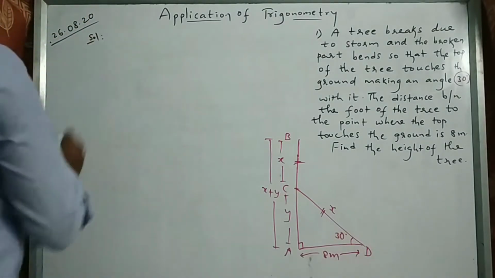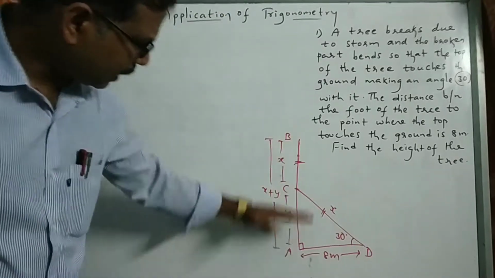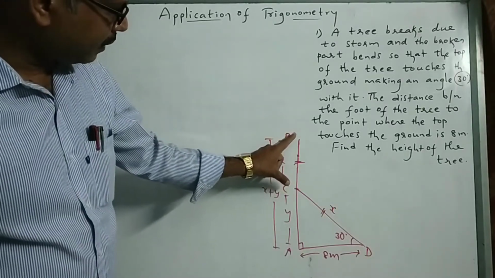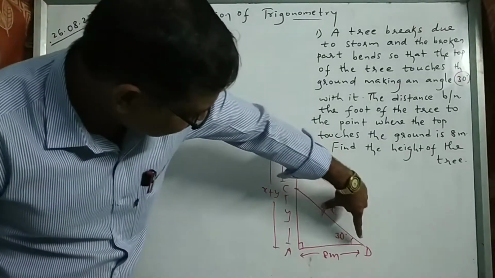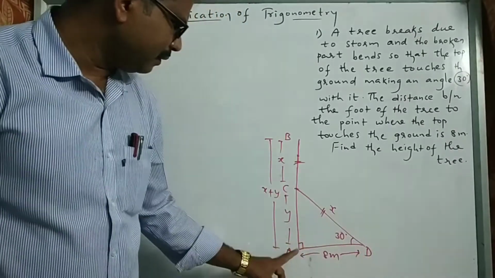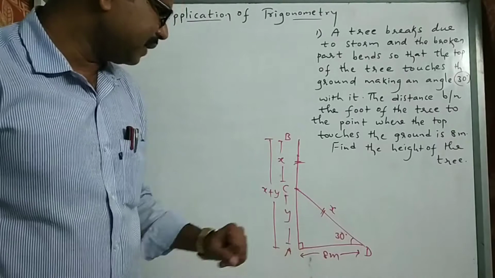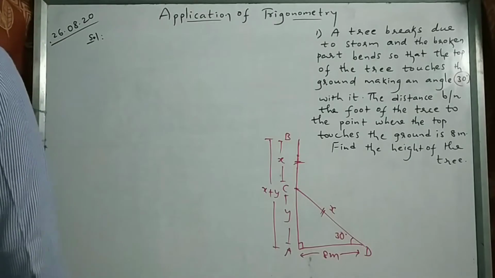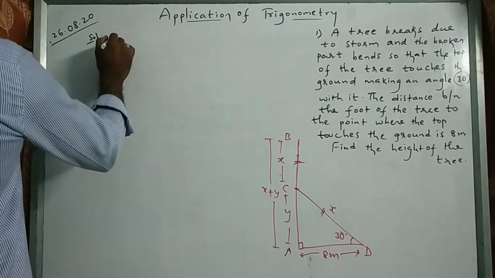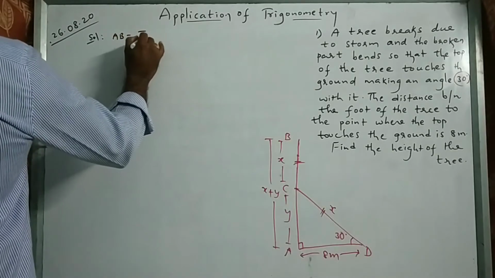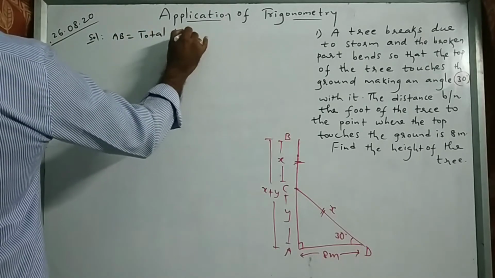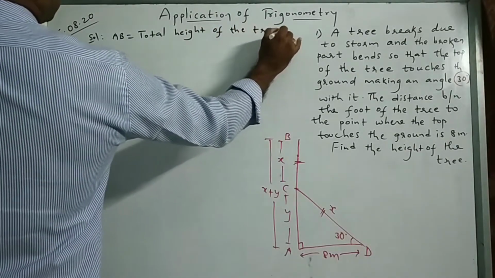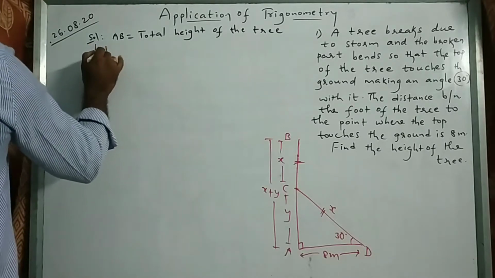Understood the diagram? AB be the total height of the tree. Some part was broken. Suppose BC part is broken and is coming like this and touches the ground at D with a distance of 8 meters from the foot of the tree and making angle 30 degrees. I want to find the total height of the tree. So AB is equal to the total height of the tree. Let BC equal to x.